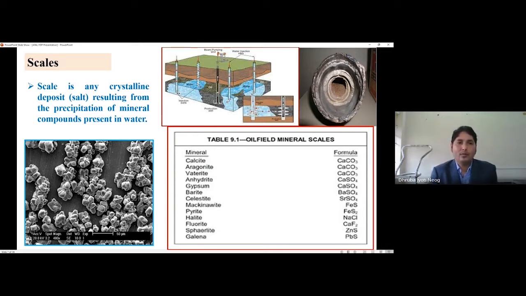Whenever the water injected into the reservoir is not compatible with the water already present inside the reservoir, scale deposition takes place. Scale is any crystalline deposit resulting from precipitation of mineral compounds present in water, because these minerals are initially in solution, but whenever some incompatible water is mixed with the already present water, precipitation will develop.